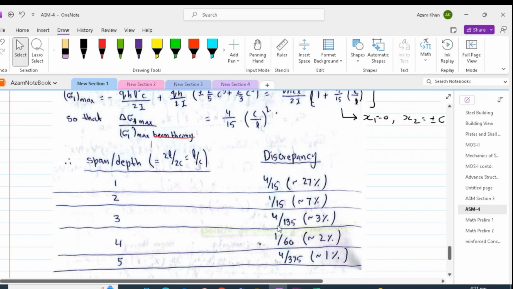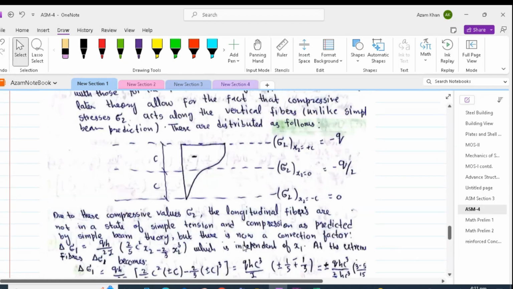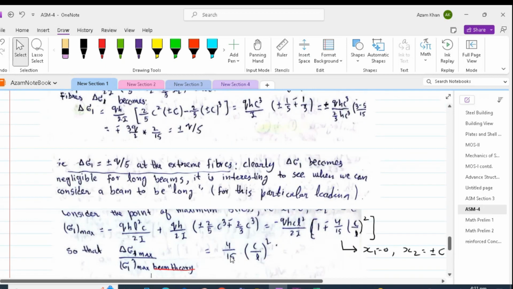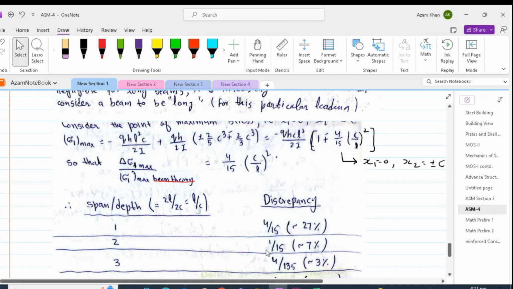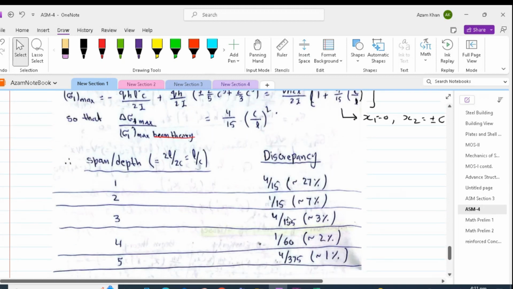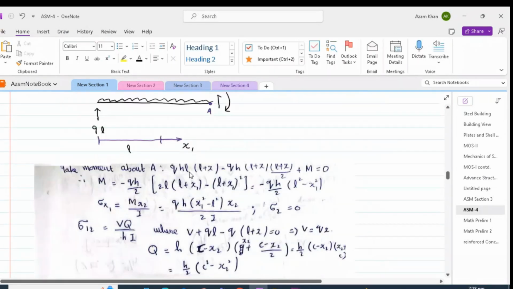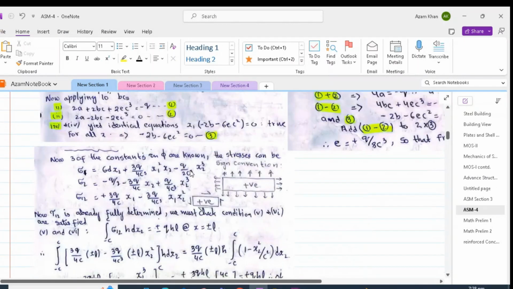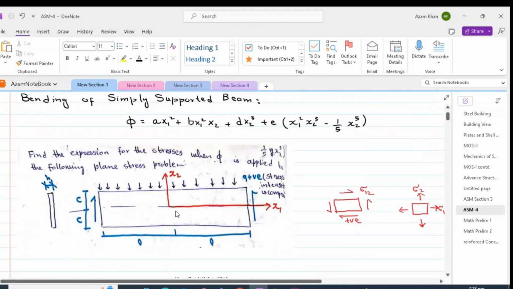However, if span to depth is less than 3, or in other words, we have a deeper beam, then engineer's beam theory will give us inappropriate results. So we can see that for span to depth equal to 1, a square plate will give us a difference of 27%. We will now try to find out the displacement profile of this simply supported beam.